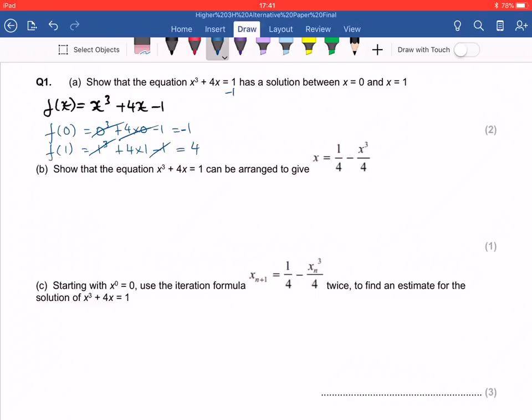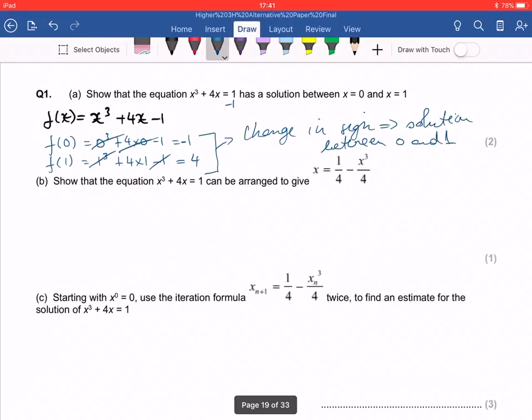So for f of 0, I got minus 1. For f of 1, I got 4. So there's a change in sign. Therefore, there is a solution between 0 and 1. Done.